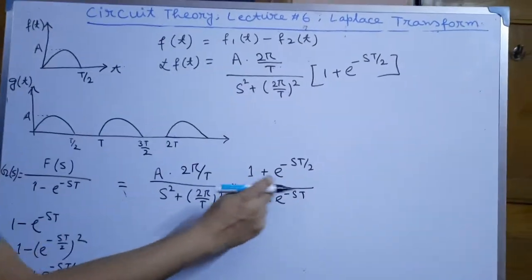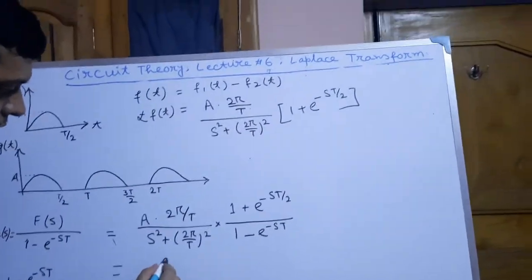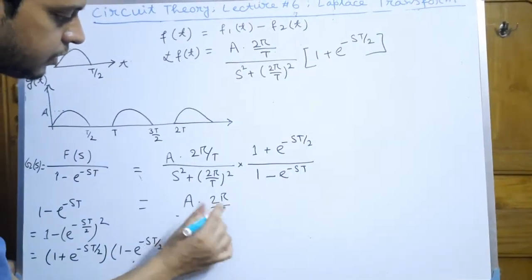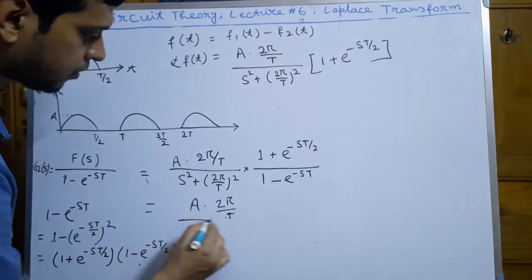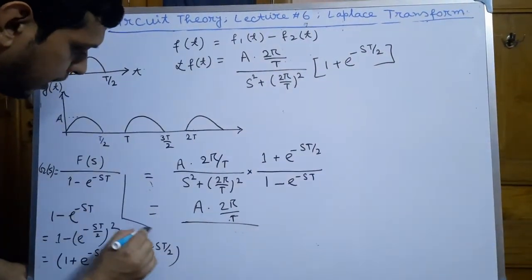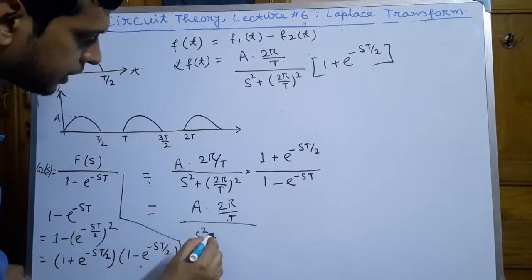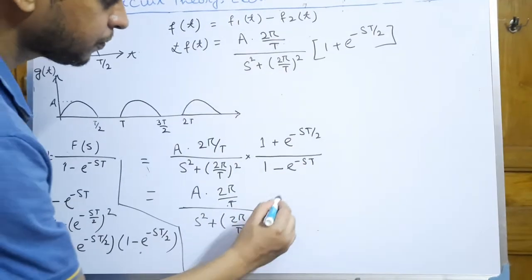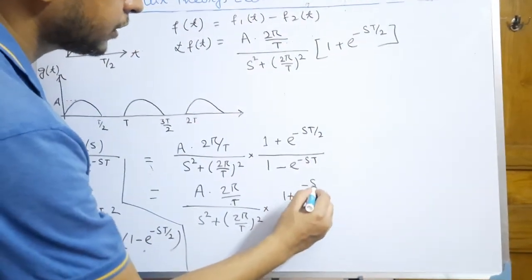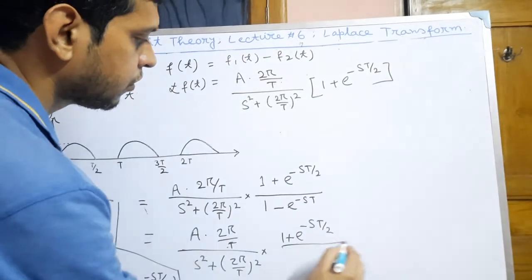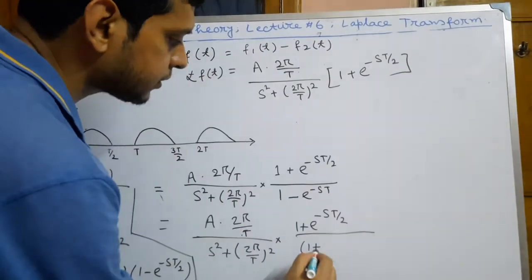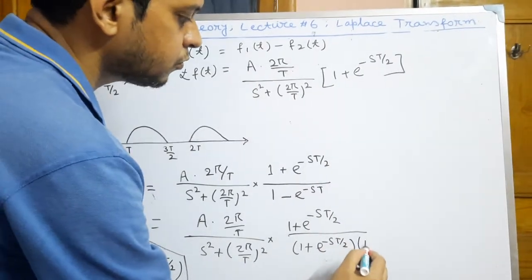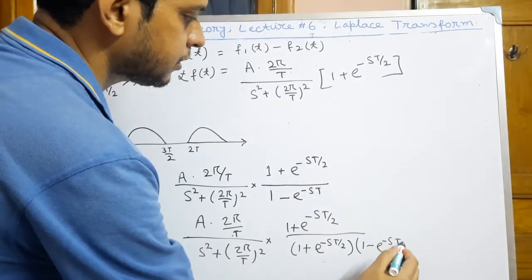Let us write this: A(2π/T) / [s² + (2π/T)²] into (1 + e^(−sT/2)) / [(1 + e^(−sT/2))(1 − e^(−sT/2))].